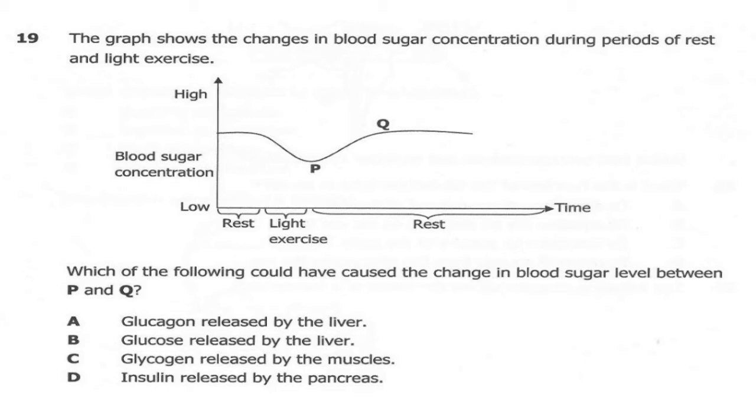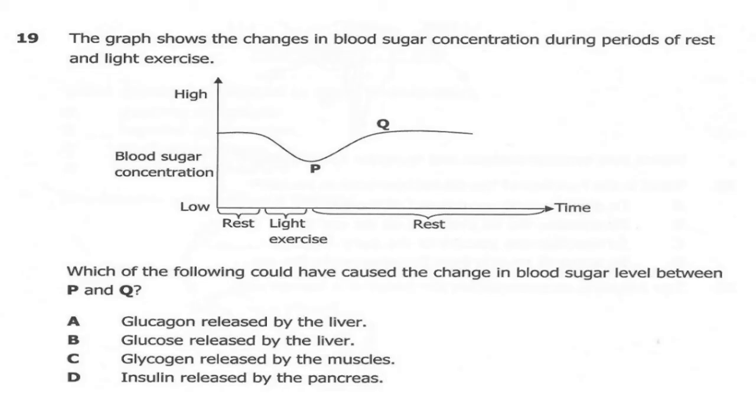Question 19. The graph below shows the changes in blood sugar concentration during periods of rest and light exercise. Which of the following would have caused the change in blood sugar levels between P and Q?